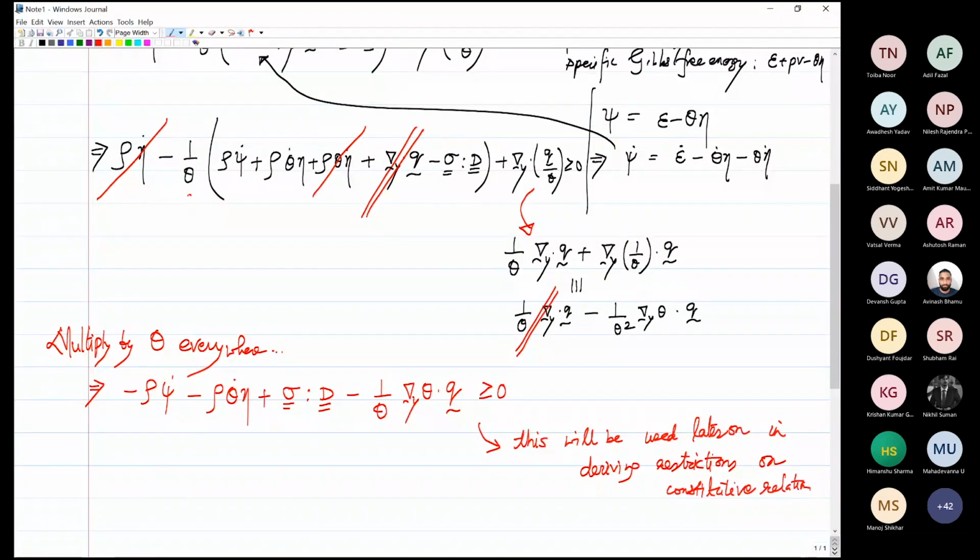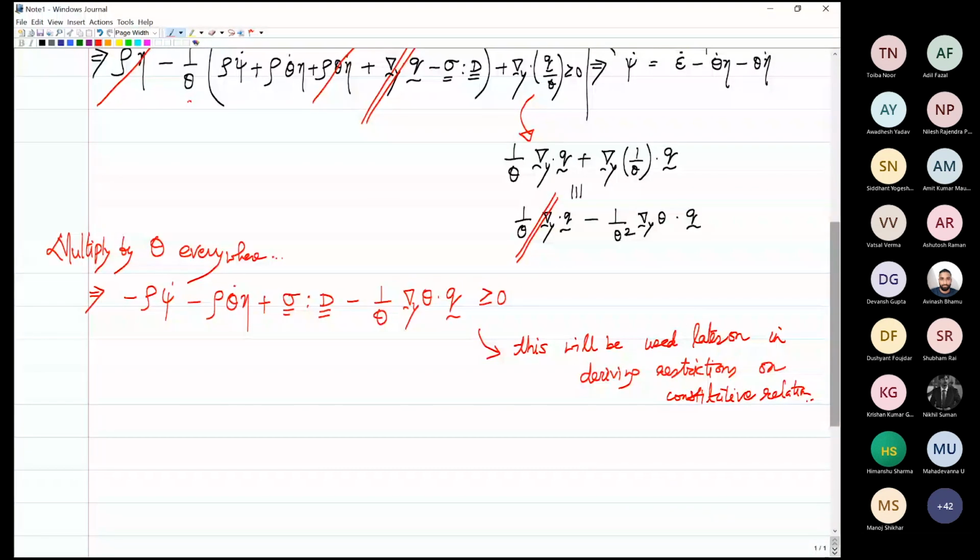So let me just write down what all we have till now. Basically all the equations we have derived till now. One is mass continuity, according to which del rho del t plus Eulerian divergence of rho times velocity is equal to 0. Again, please correct me if I'm making some mistake.